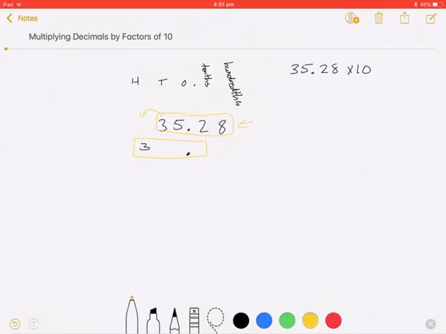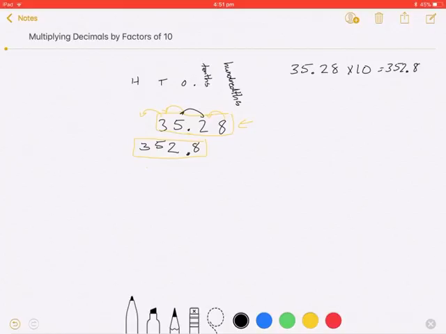My 5 moves over from there to there. My 2 moves over past that decimal. Sorry about the wrong colour there. And then my 8 moves over to the tenths place. So now I've got 352 and 8 tenths. If I wanted to multiply that by another 10, then again I just push it over.